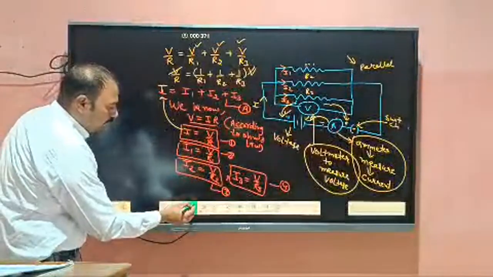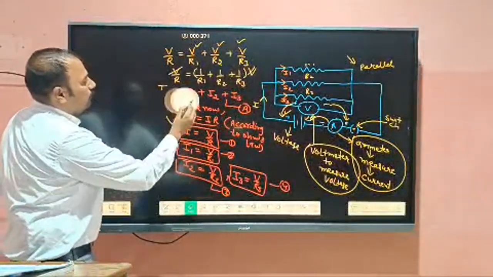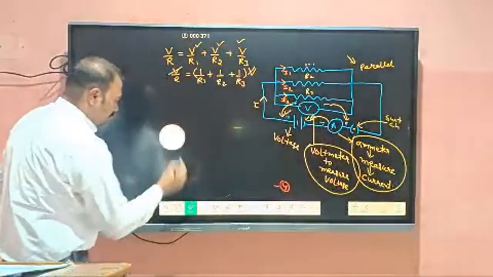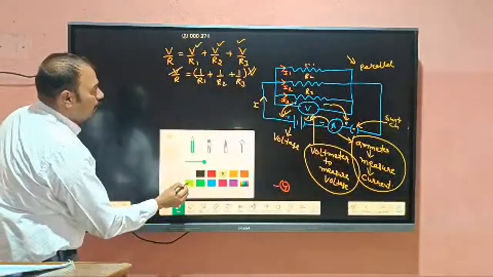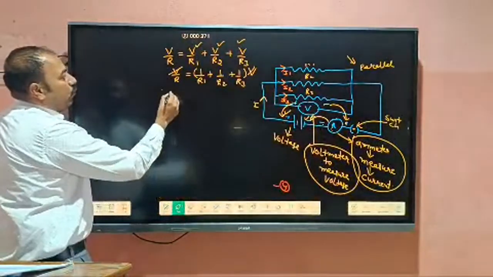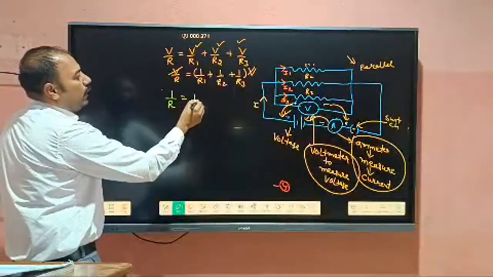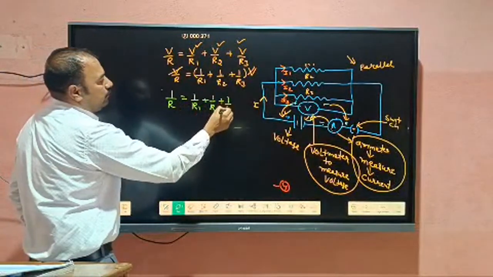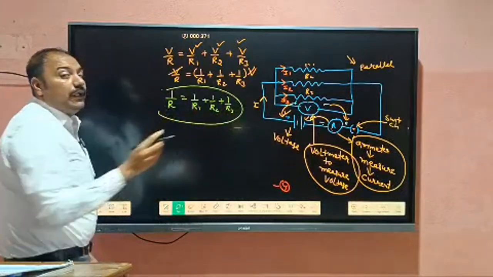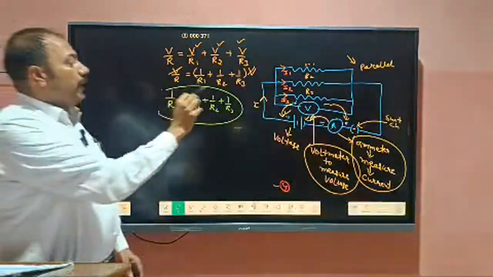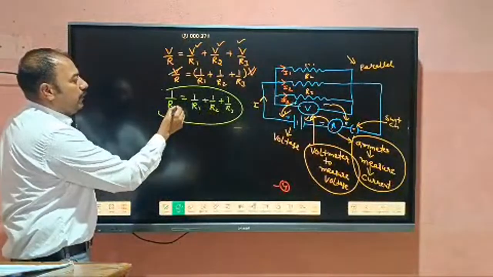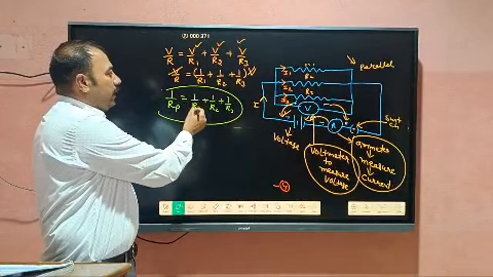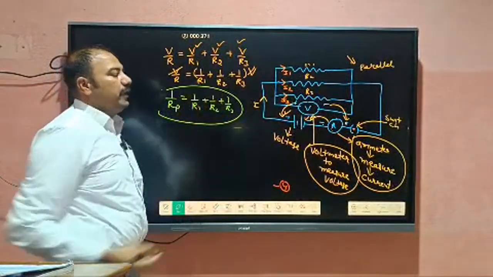So we get 1 by R is equal to 1 by R1 plus 1 by R2 plus 1 by R3. This is the formula for equivalent resistance in a parallel combination. So we write Rp here. So this is a parallel combination: 1 by Rp is equal to 1 by R1 plus 1 by R2 plus 1 by R3.